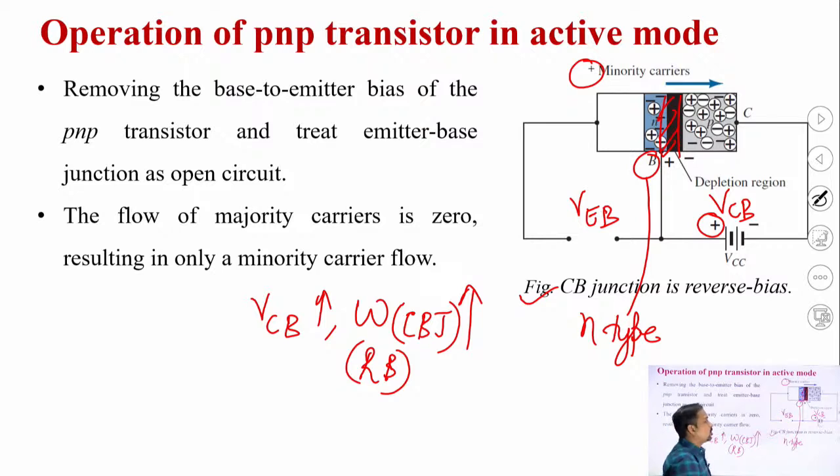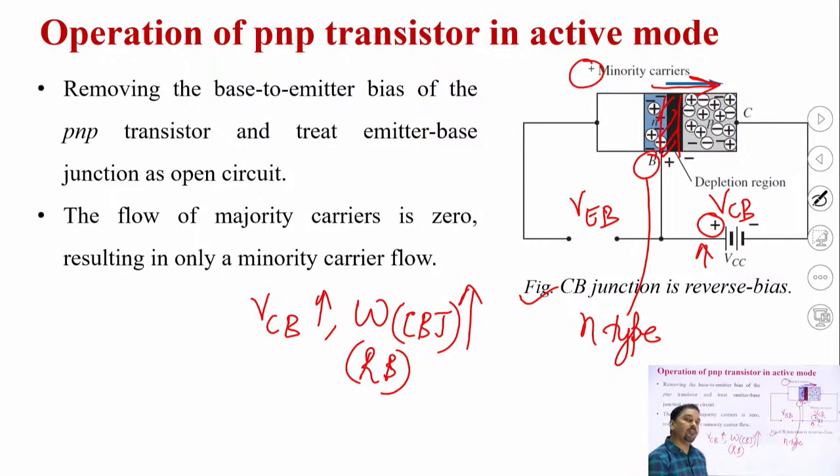So the positive polarity of the collector to base voltage will basically pressurize the minority charge carriers present in the base region, and these minority charge carriers will move towards the collector side, and the collector terminal will collect these holes, due to both majority and minority charge carriers.